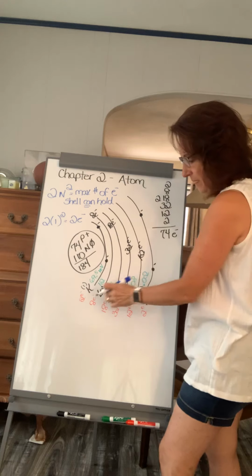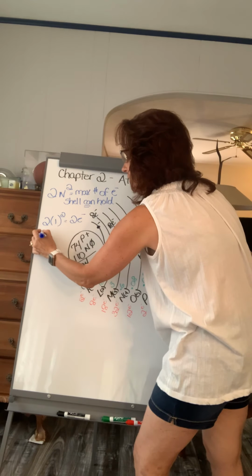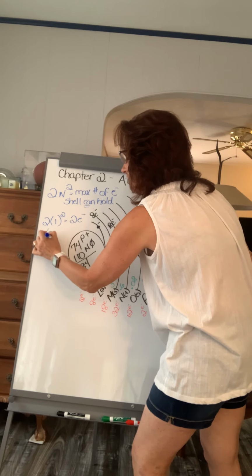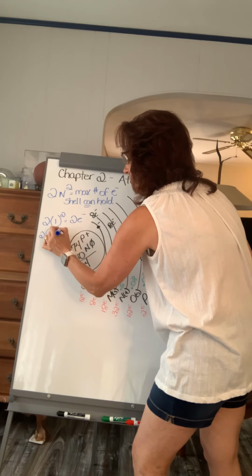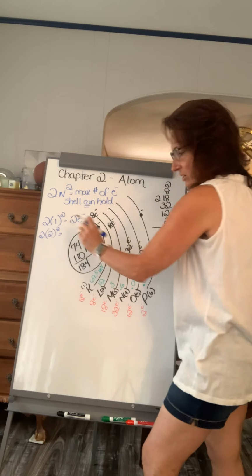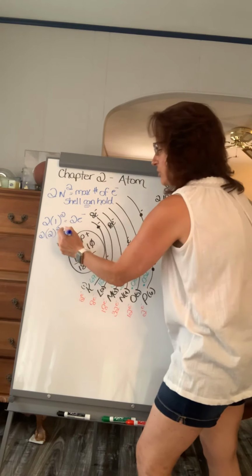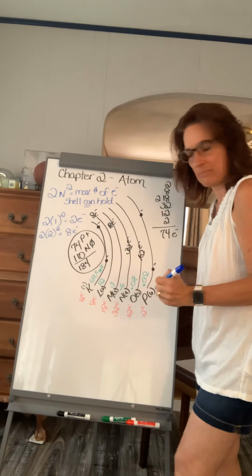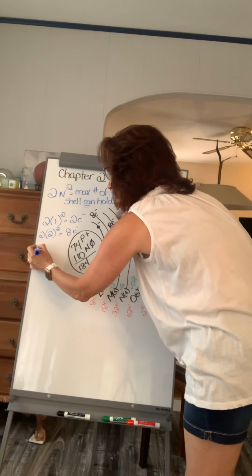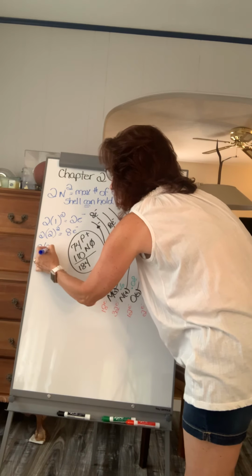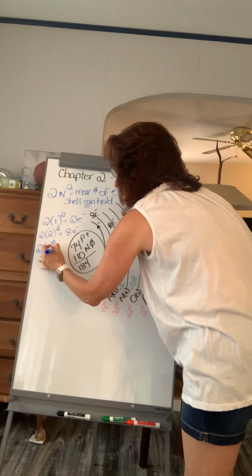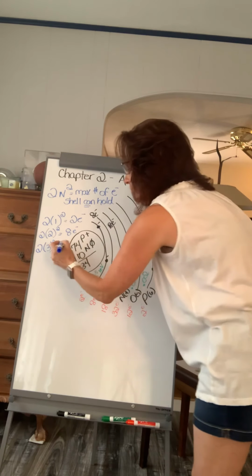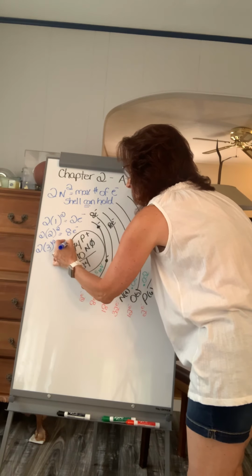Makes sense. How about L? We would plug in 2 for L. So 2 squared is 4 times 2 would mean 8 electrons. You with me? Let's do the next one. 2 times 3 squared. So 3 squared is 9 times 2 is 18.